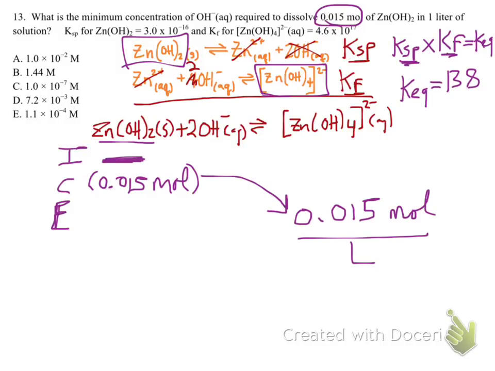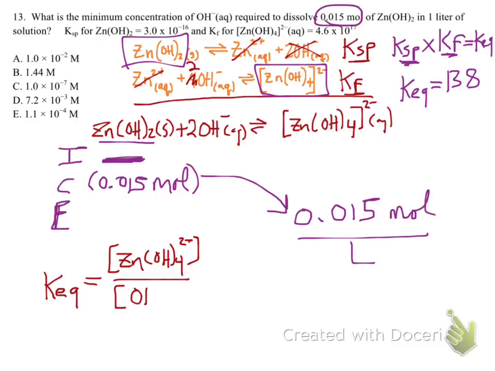So this part is actually less complicated than it might seem. We'll write our equilibrium expression, which is for zinc hydroxide complex, divided by the hydroxide concentration squared.